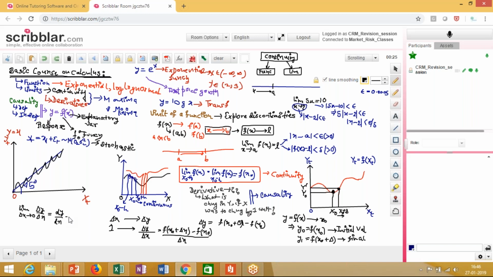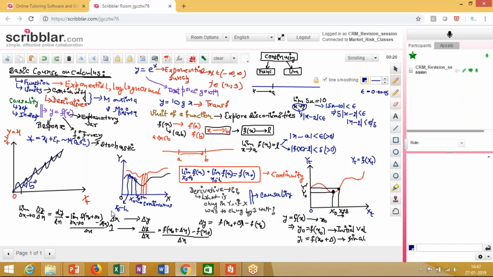So your dy/dx is nothing but the limit as delta x tends to 0 of f of x0 plus delta x minus f of x0, divided by delta x. And this version is called your derivative.